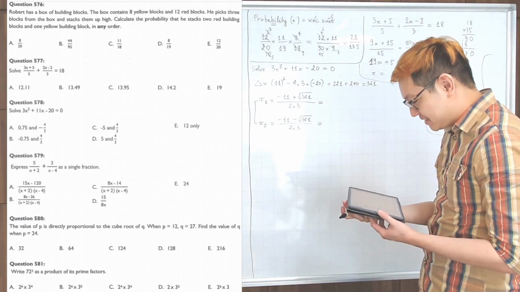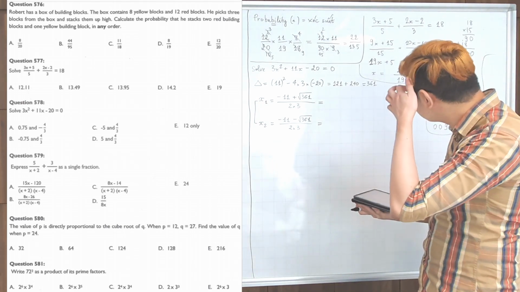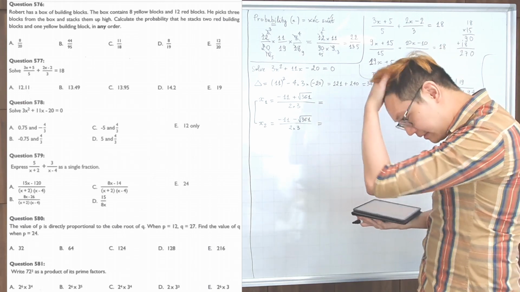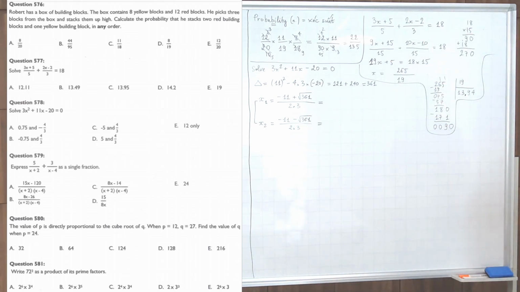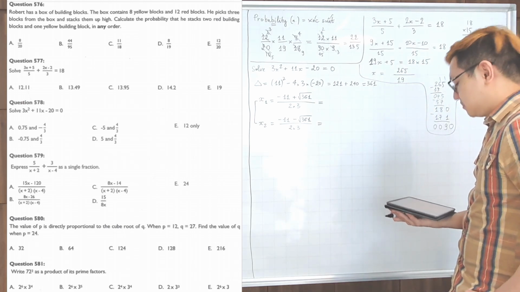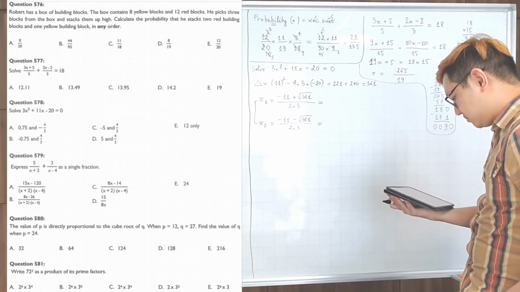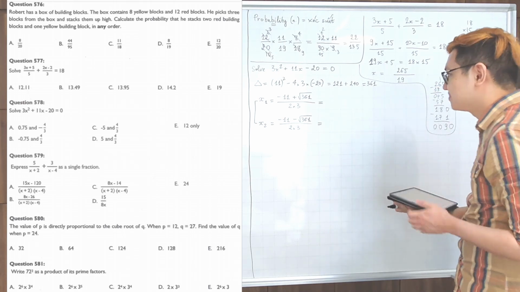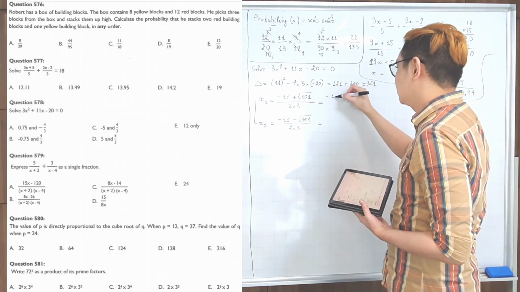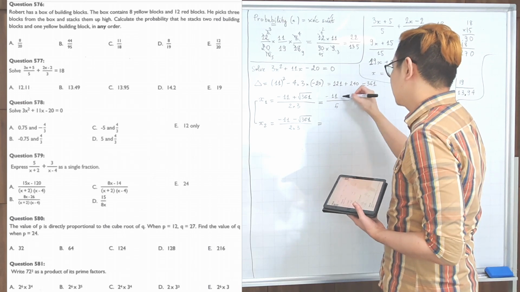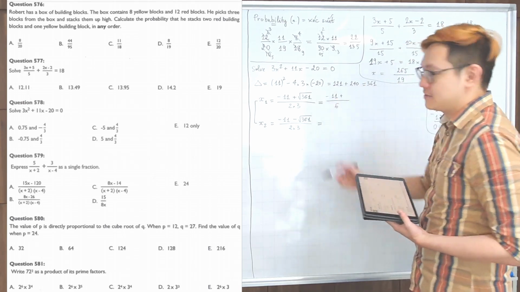It's painful, isn't it? Kind of painful. So this one is 11 by 6 plus. Okay, we have to find the square root of this one, okay?